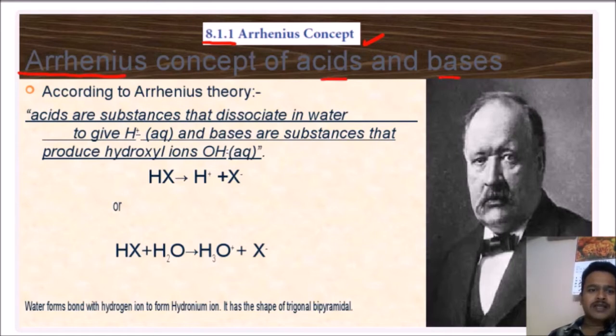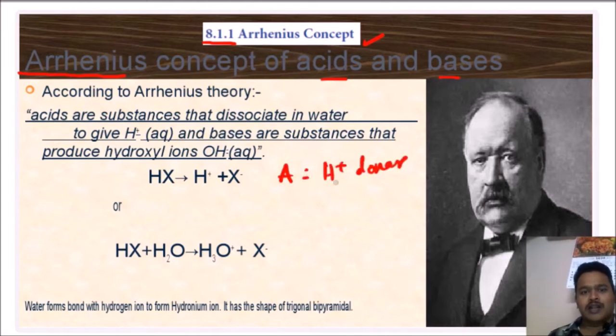Acids are substances that dissociate in water to give H plus ions, and bases are substances that produce hydroxide ions. Simply, an acid is an H plus donor in aqueous medium, and a base is one which gives OH minus, that means an OH minus donor.